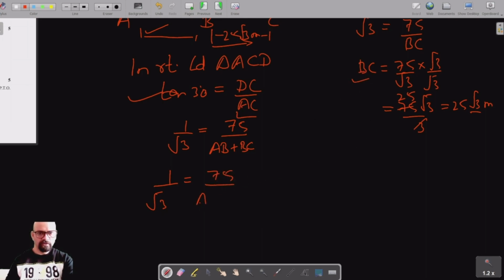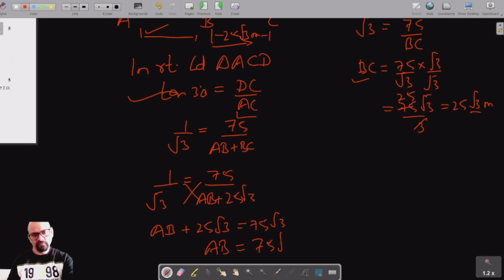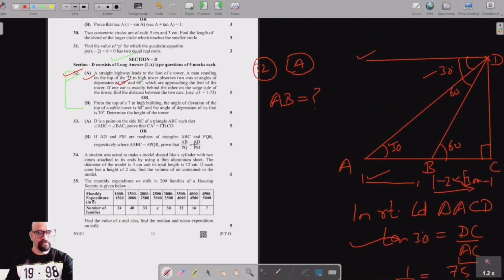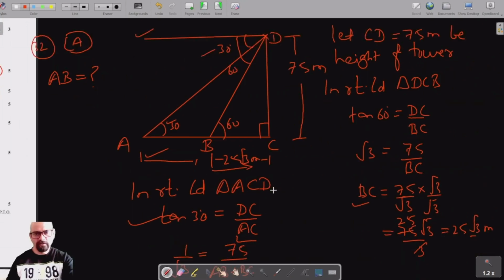We know the length of BC, which is 25 root 3. And if we cross multiply this, this is now AB plus 25 root 3 is equal to 75 root 3, which gives us AB is equal to 75 root 3 minus 25 root 3, which is equal to 50 root 3. And it's given that we have to take the value of root 3 as 1.73.